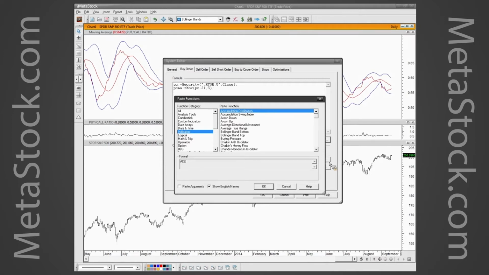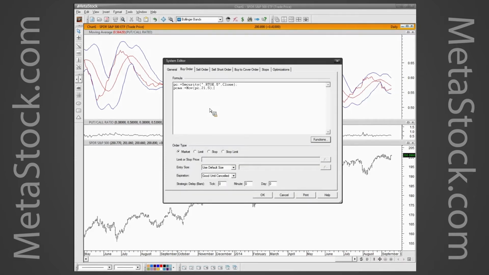It opens up to indicators, and I could just go down to moving average, and it tells me right there the structure of the moving average function. The first parameter is the data array, then a comma, then the number of periods, and then all the various types of moving averages. But since I already entered it, I'm just going to cancel this.